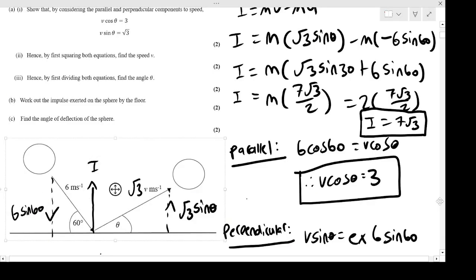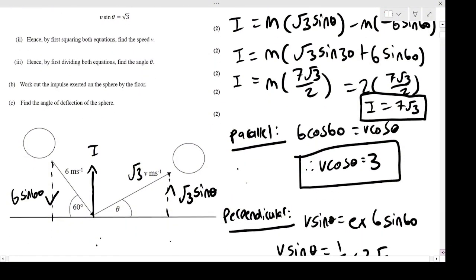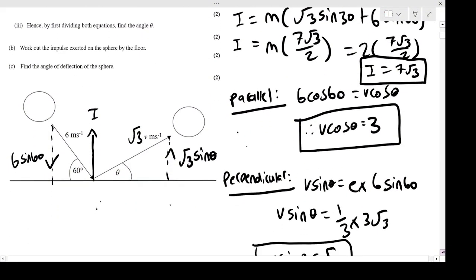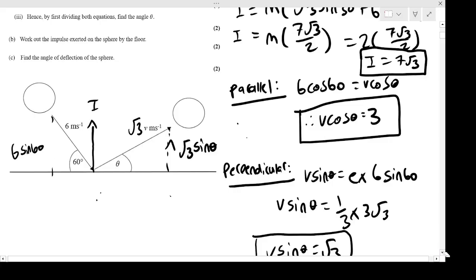Then in part C, it wants me to find the angle of deflection. If I get rid of all this again, remember the angle of deflection is how much the direction is changing by, the angle it's been changed by.